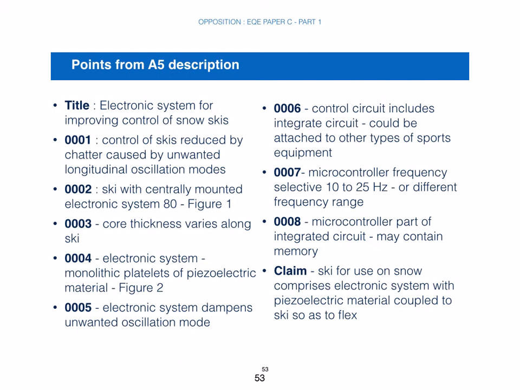Paragraph 2, ski with centrally mounted electronic system 80, figure 1. Paragraph 3, the core thickness varies along the ski. Paragraph 4, electronic system, monolithic platelets of piezoelectric material, figure 2. Paragraph 5, electronic system dampens unwanted oscillation mode.